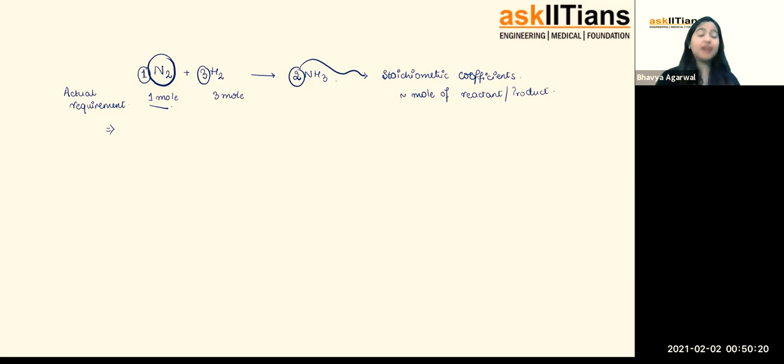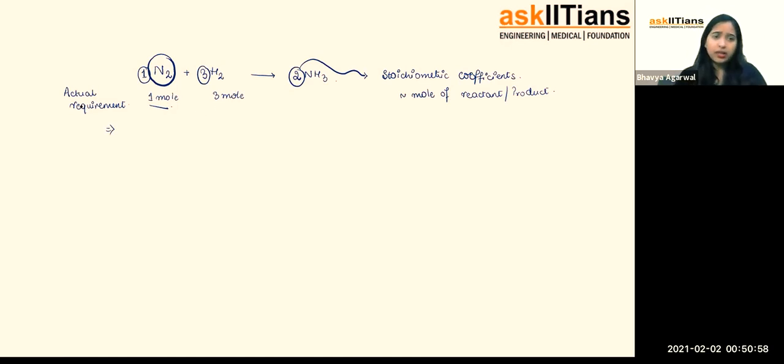Since in front of nitrogen the number is 1, it means 1 mole of nitrogen. In front of hydrogen it is 3, meaning 3 moles of hydrogen. In front of ammonia it is 2, meaning 2 moles of ammonia. So for 1 mole of nitrogen, I need 3 moles of hydrogen to give 2 moles of ammonia, because the product is ammonia.